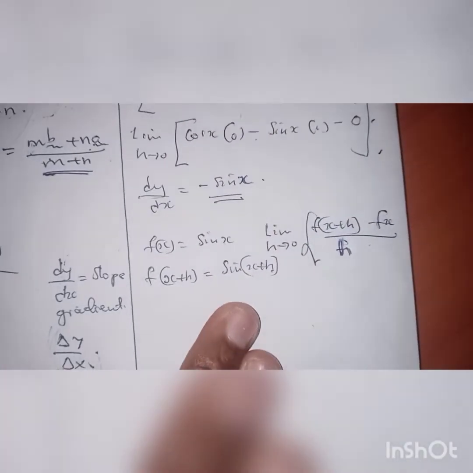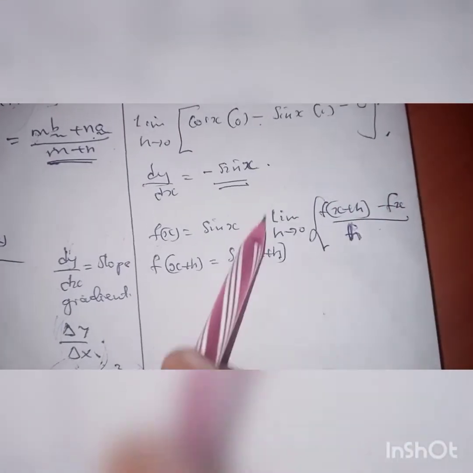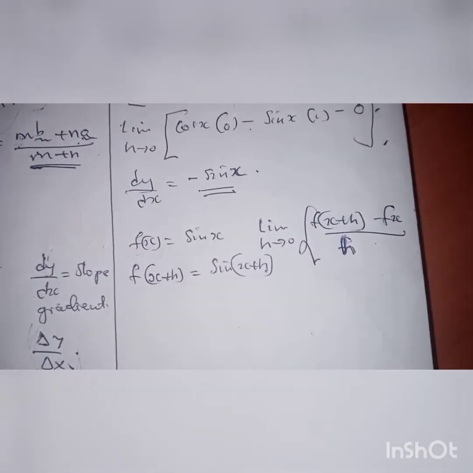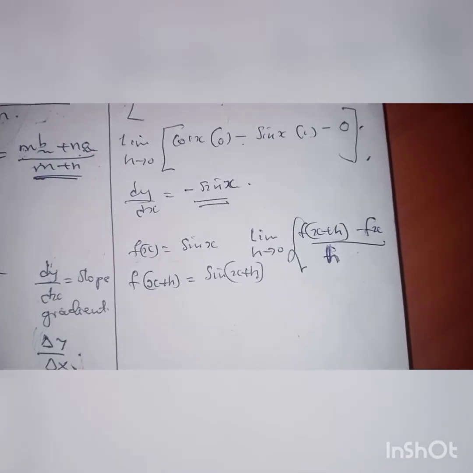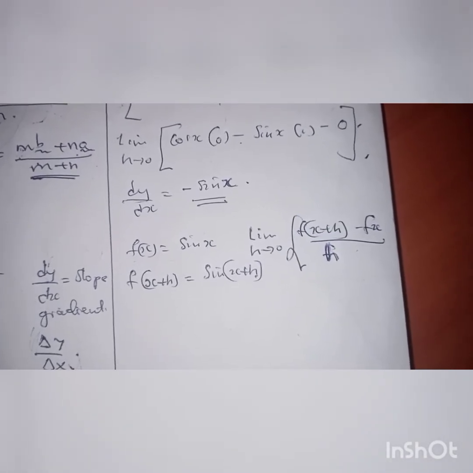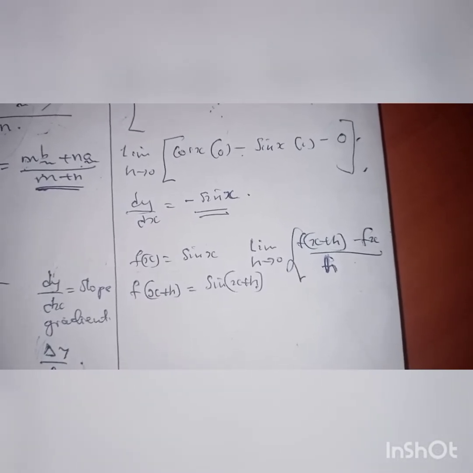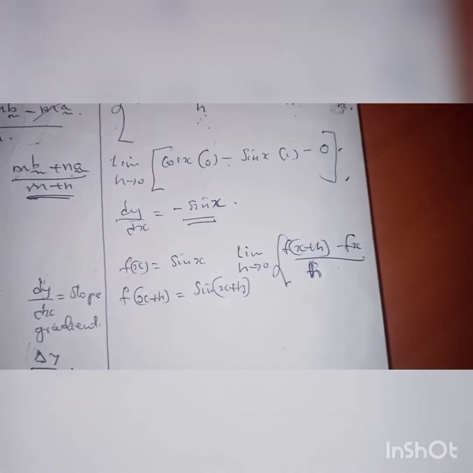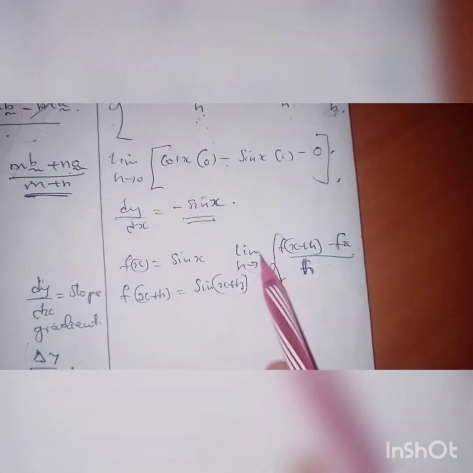I think we are all together. This differentiation formula says that to get any derivative, you take the function of x, but you increase x slightly by h, where h approaches 0.